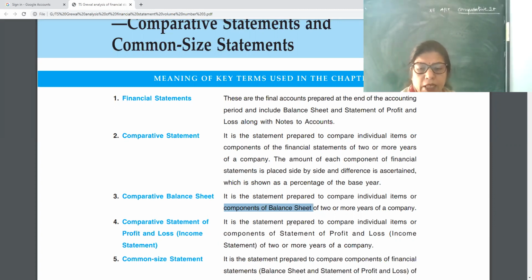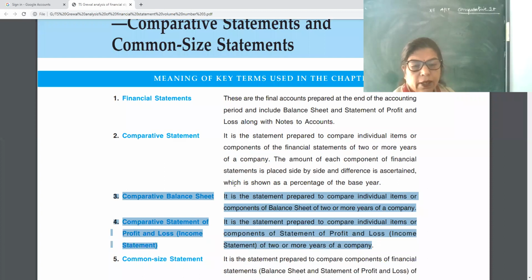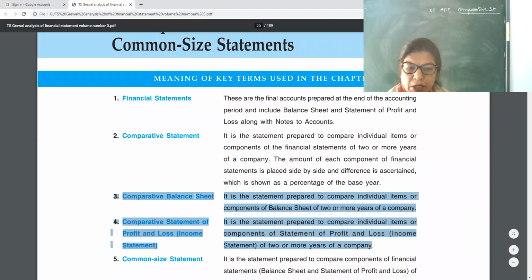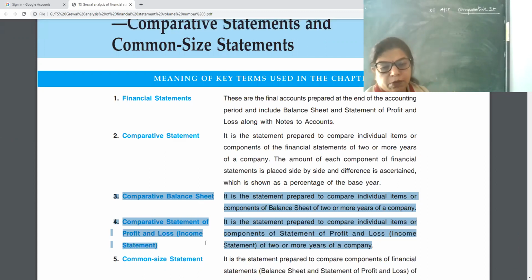This statement is prepared to compare individual items or components of a statement of profit and loss, income statement, of 2 or more years. So today we are going to start this part, comparative statement, which is of 2 types. First of all, I am going to explain comparative statement of profit and loss, the income statement.